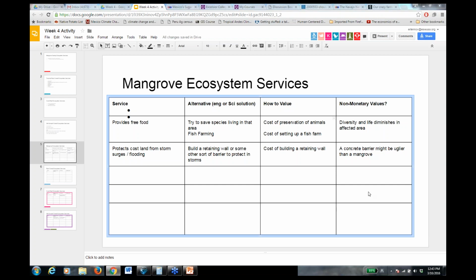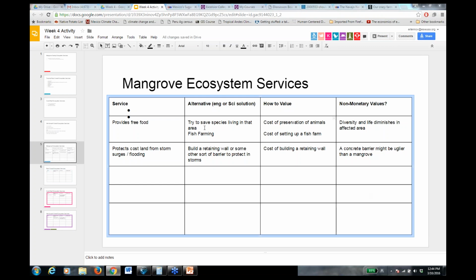All right, so we'll start with the first one on here, the mangrove service. Someone said that it provides free food. So an alternative, if you didn't have the mangrove there, would be to try to save the fish species living in the area, or maybe use fish farming instead, since people wouldn't be able to just go out and collect fish there.